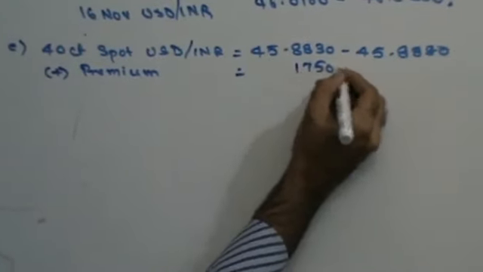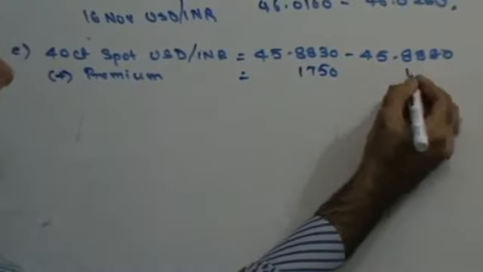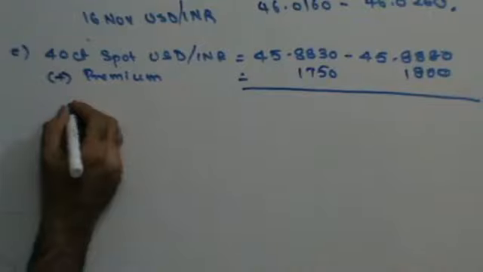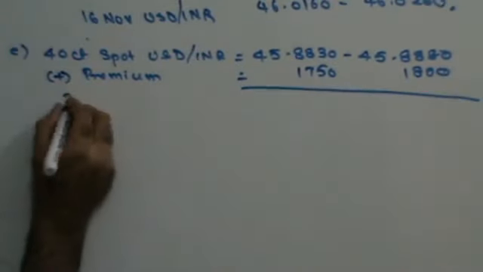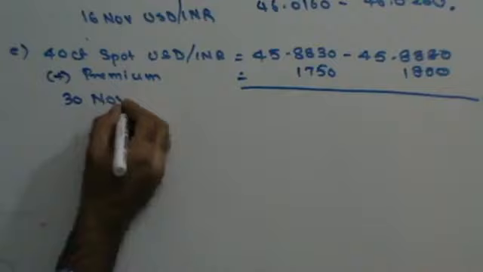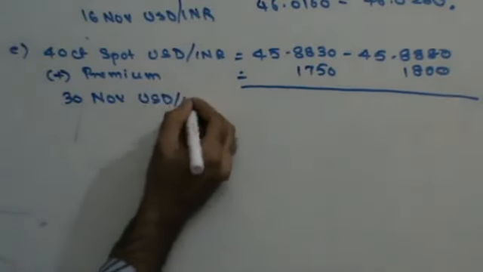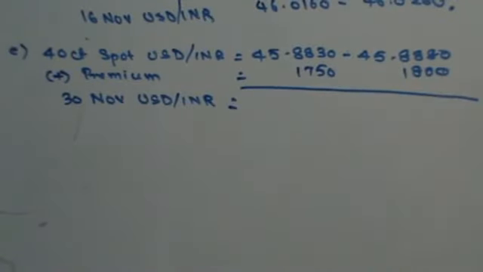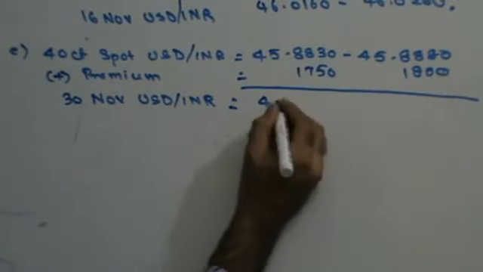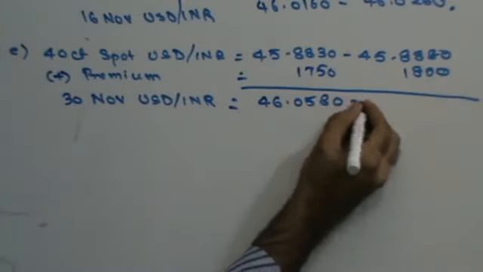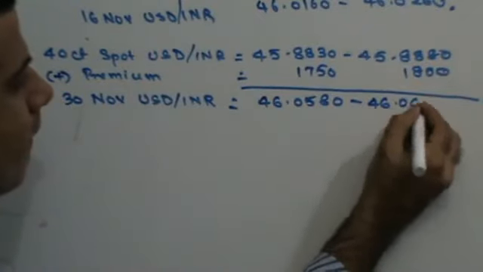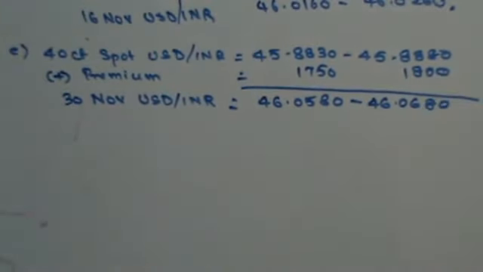So your premium is going to be 1750 and 1800. So in that case, I'm adding the premium for November. That means I will get my rate on 30th November. 30th November USD INR, if I add this, I will get 46.0580 and 46.0680. Fine, do we get this clear?